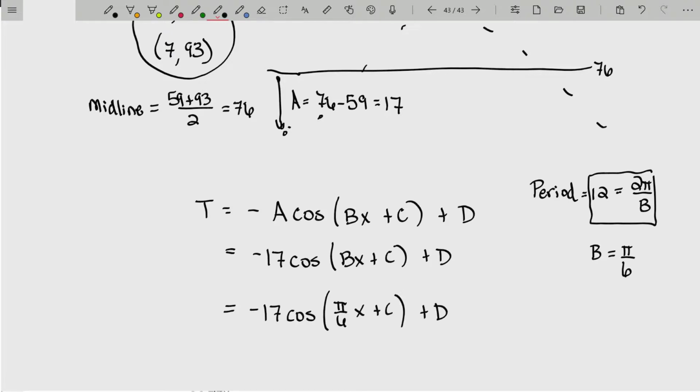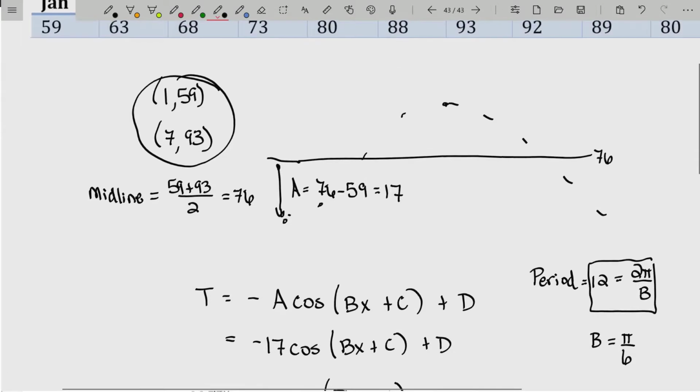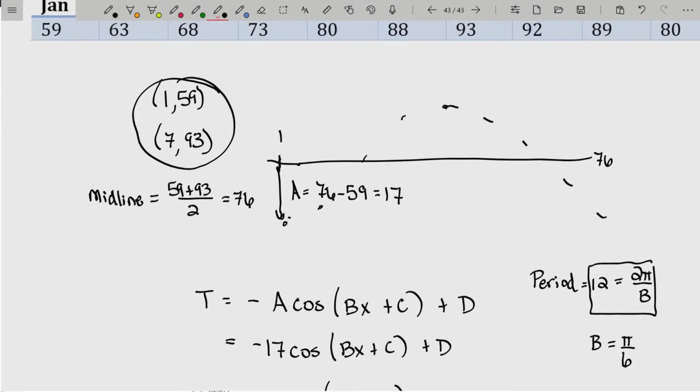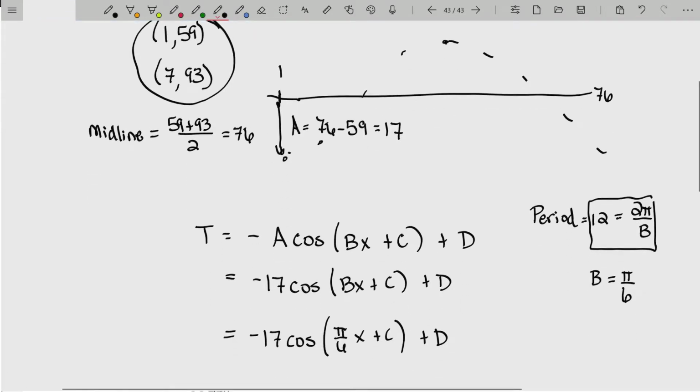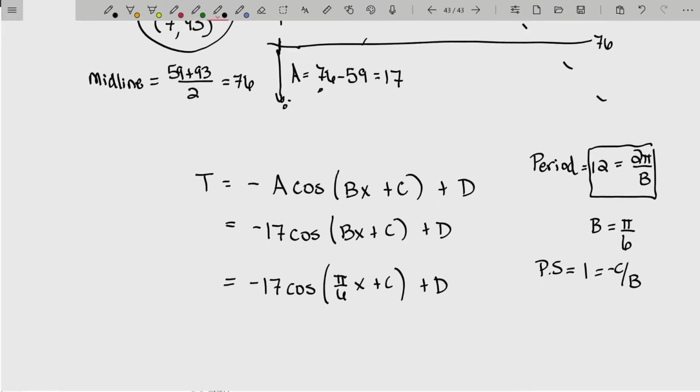Now, we do have a phase shift here. We started our graph at time 1. That's our phase shift. So our phase shift is equal to 1, and that's supposed to be negative c over b. Well, let's go ahead and insert pi over 6 for b.